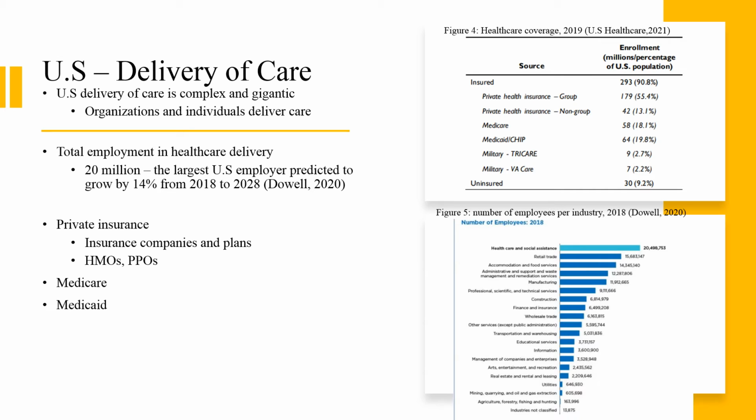As we talked about, the US delivery of care is complex and gigantic because the US is the only one of the industrialized countries that does not have a purely government-run healthcare system. I mean, yeah, you do have Medicare, which is partially government-run for a particular population, but it does not cover everybody.